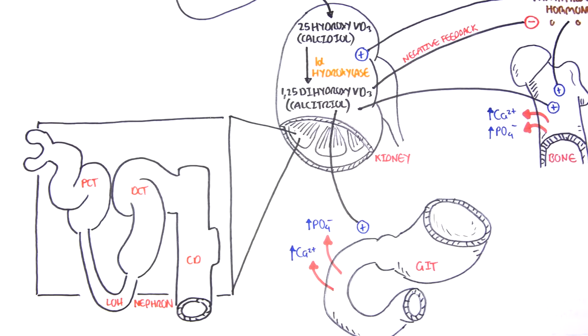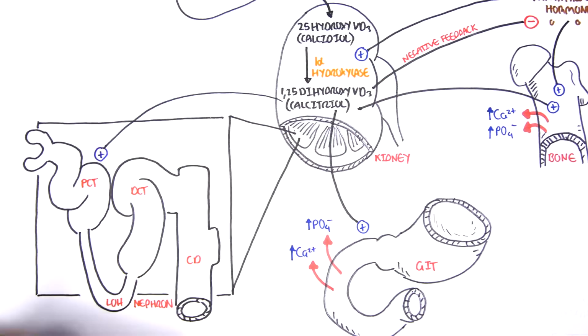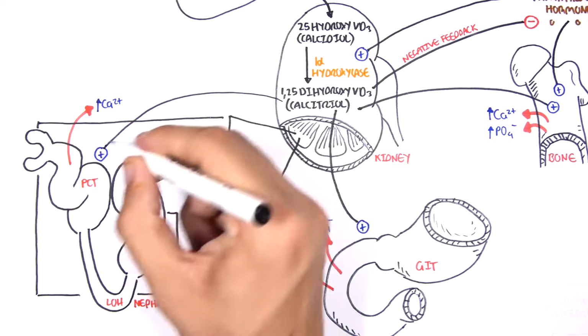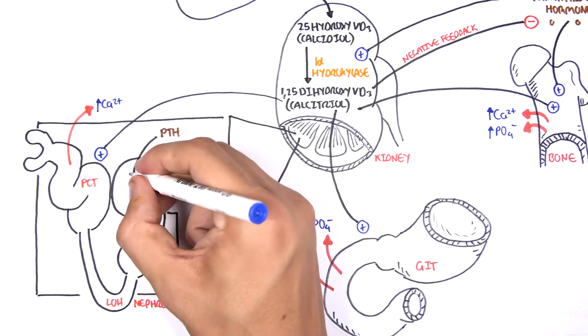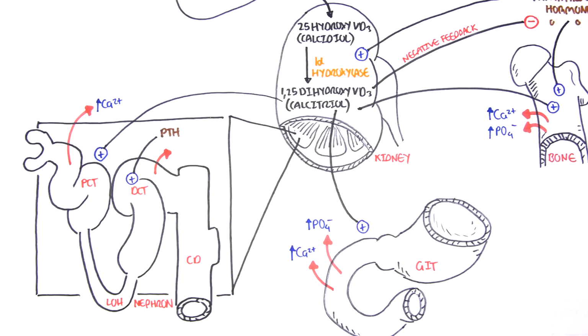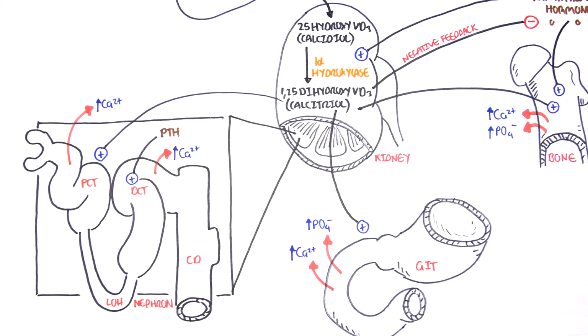So calcitriol actually targets the proximal convoluted tubules here to stimulate the reabsorption of calcium, thus increasing plasma calcium levels. In this diagram, in the nephron, the parathyroid hormone also has an effect, but it has an effect on the distal convoluted tubules. It stimulates the cells in the distal convoluted tubules to reabsorb calcium as well, thereby increasing plasma calcium levels.